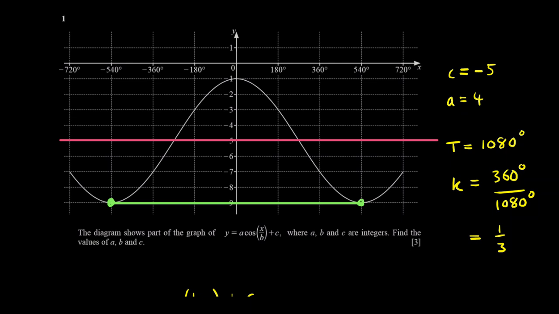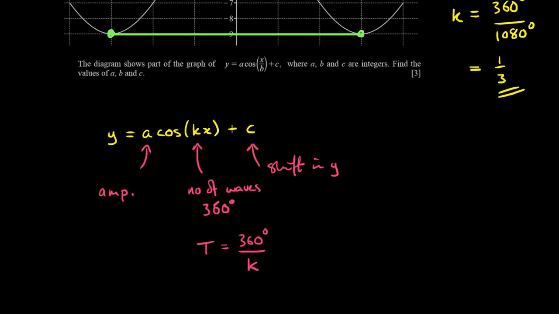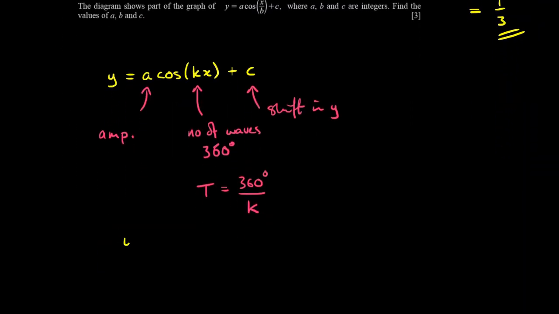So if one wave takes 1080 degrees, then the number of waves in 360 is going to be a third of one wave. If we were to write this down, we would say that y is equal to 4 cos a third x minus 5.